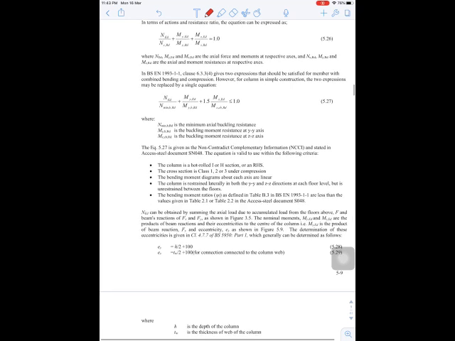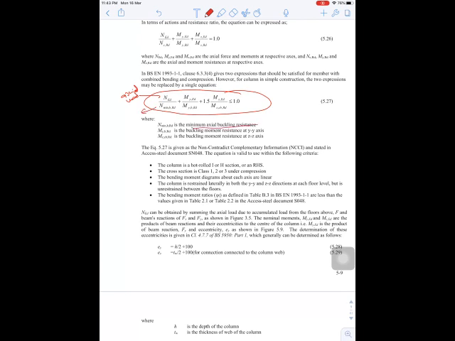explaining about this particular formula. As you know, NED is the design effect, based on the axial load on top of the column, whereas Nb,Rd is the axial buckling resistance.